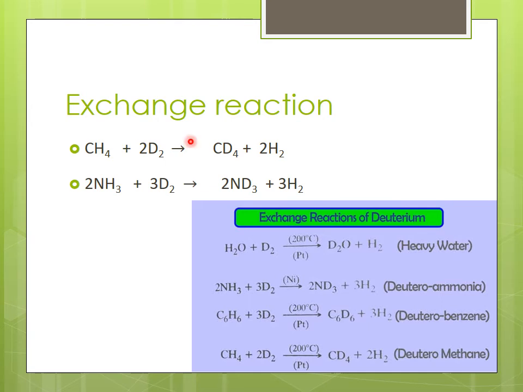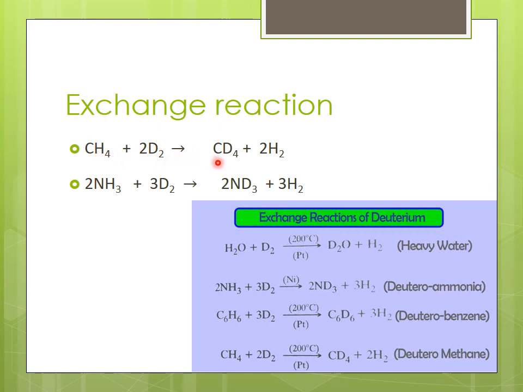Another important reaction of deuterium is the exchange reaction. This deuterium can exchange the hydrogen or can replace the hydrogen partially or completely, depending upon the situation. For the exchange reaction I could use deuterium or deuterium oxide, that is heavy water. Here specifically deuterium: when methane reacts with deuterium, all the 4 hydrogen atoms are replaced by deuterium.